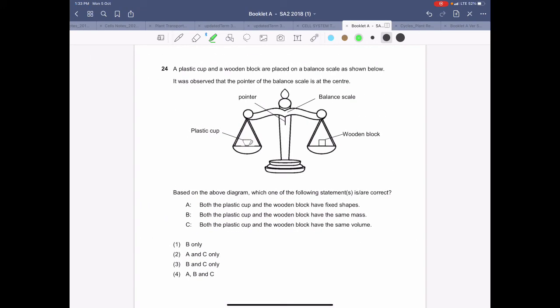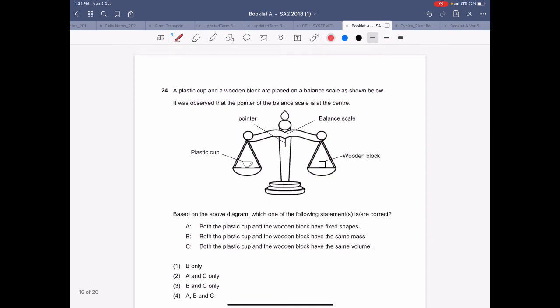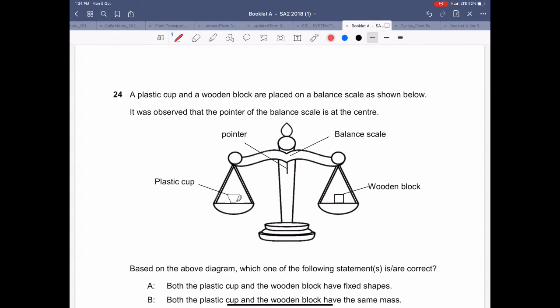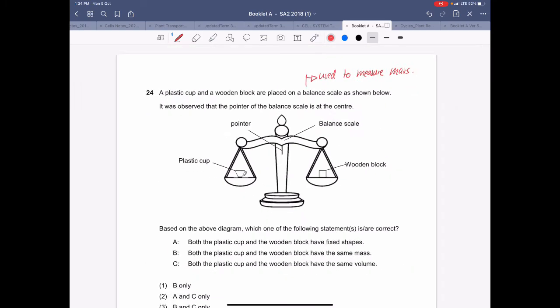Now moving on to question 24. A plastic cup and a wooden block are placed on a balance scale as shown below. It was observed that the pointer of the balance scale is at the center. Now, a balance scale basically is used to measure mass. Okay? Just so you know.